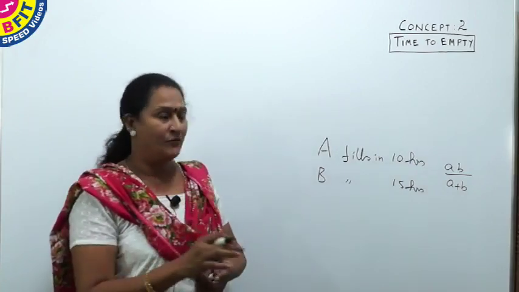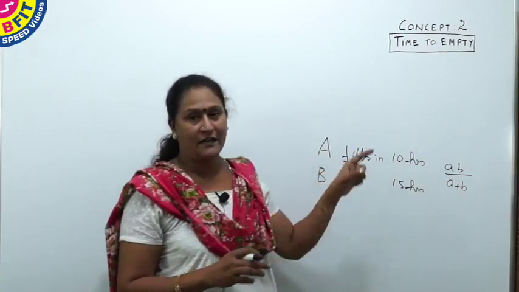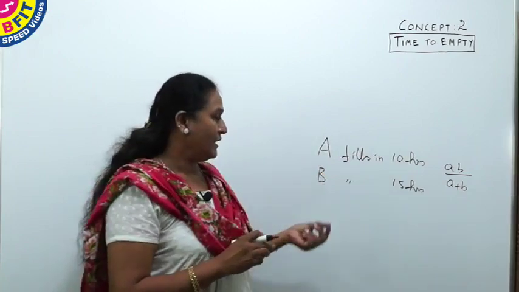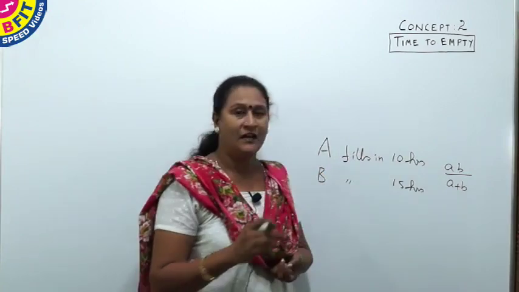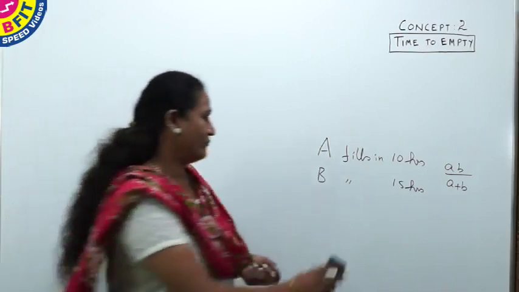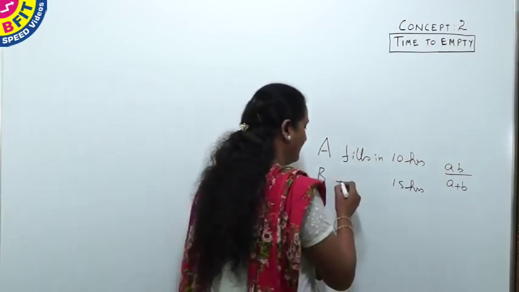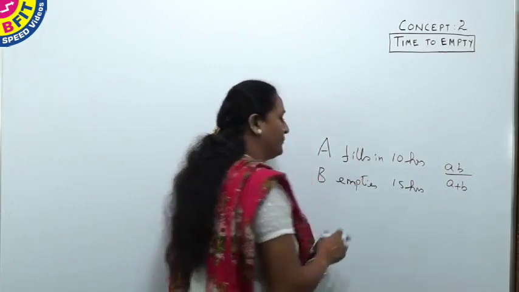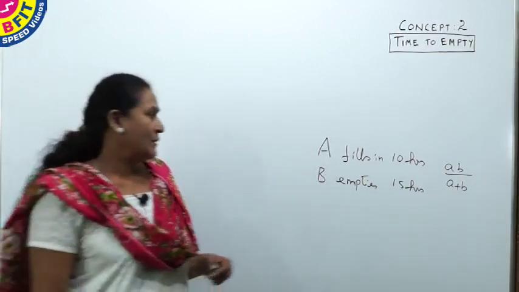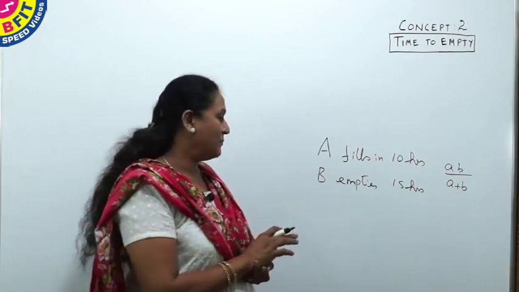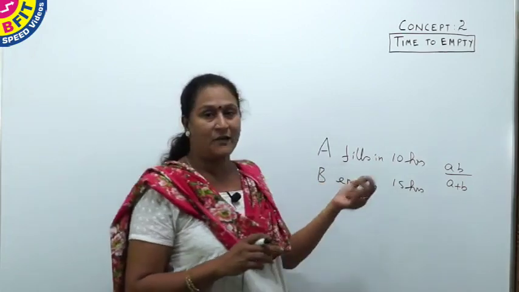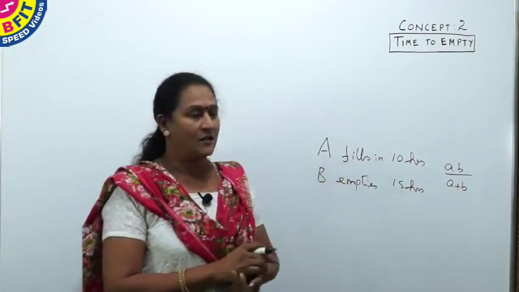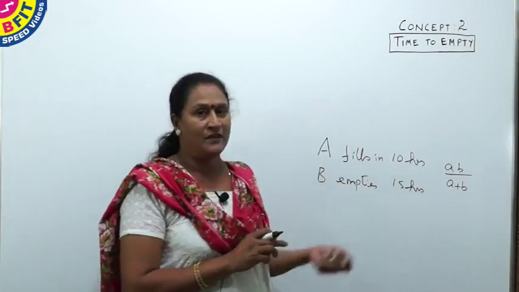Suppose now pipe A fills the tank in 10 hours and pipe B empties the tank in 15 hours. So pipe A fills and pipe B empties. Here the time taken by A to fill is 10 hours and the time taken by B to empty is 15 hours.